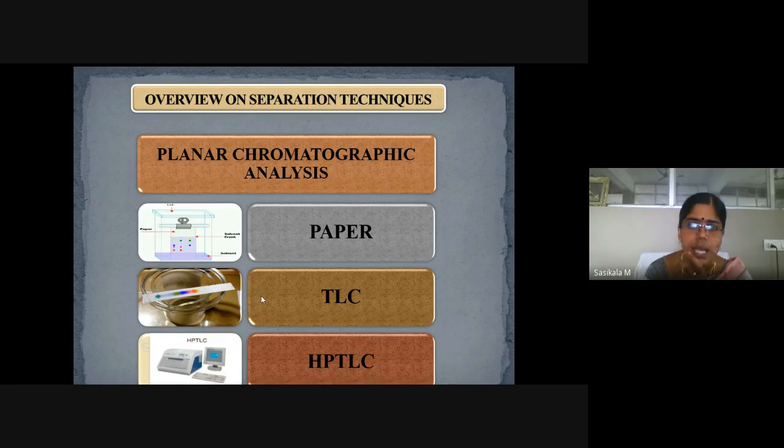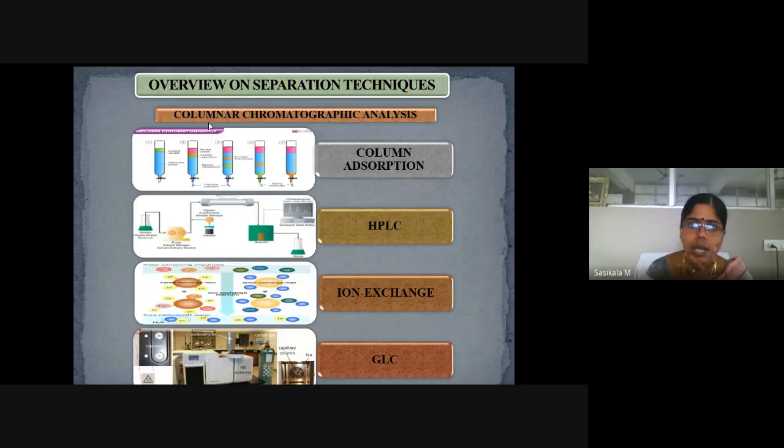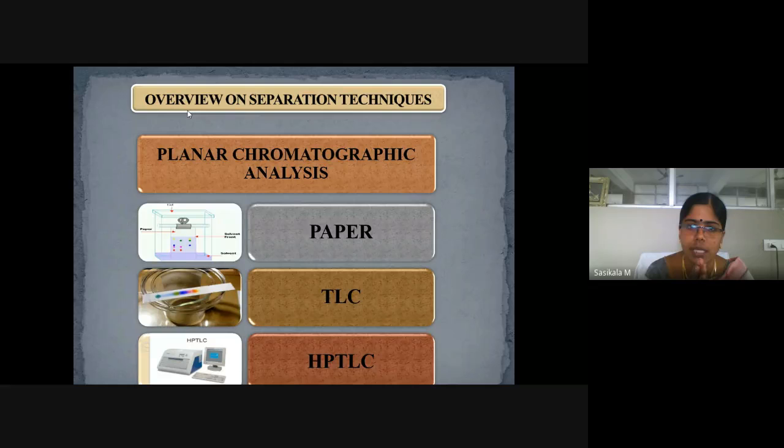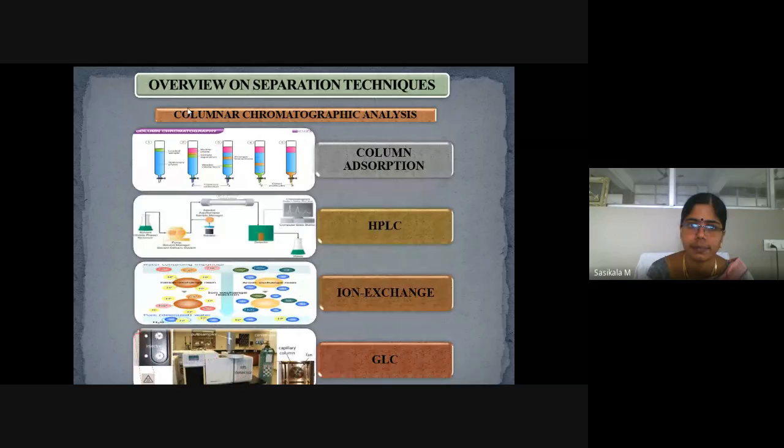There are different separation techniques available, and these separation techniques are again classified into planar chromatographic analysis and columnar chromatographic analysis. Separation techniques are classified into two main categories: planar techniques and columnar techniques.